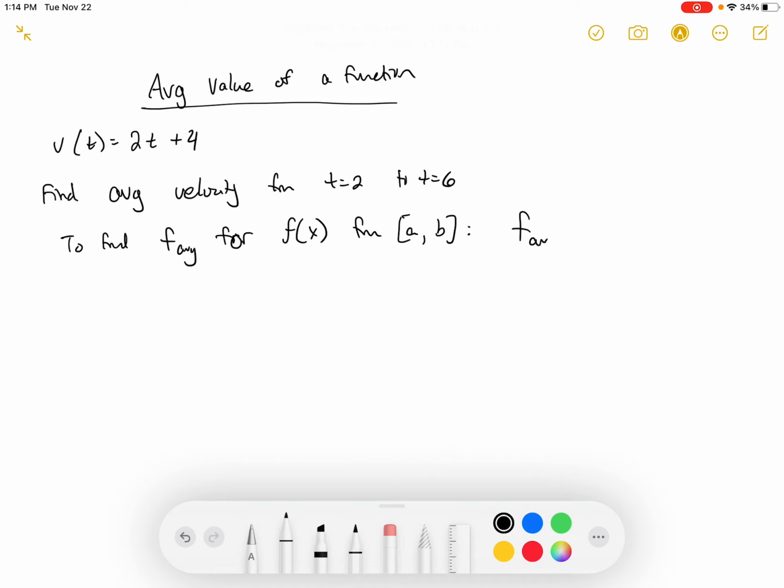We say f average equals 1 over b minus a, that's the difference, the width of the interval, times the integral of f of x dx evaluated at a and b.